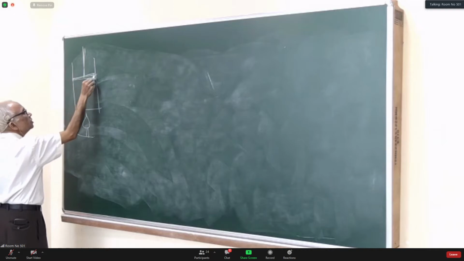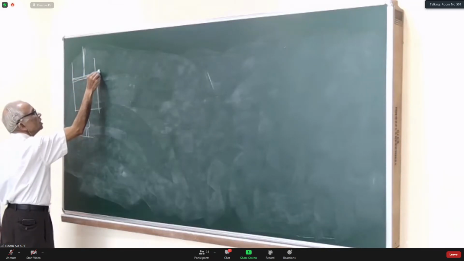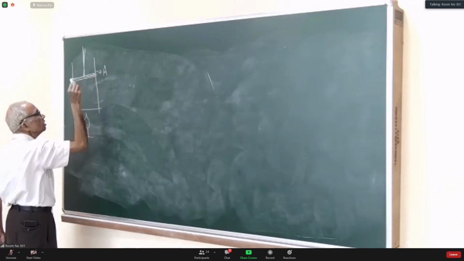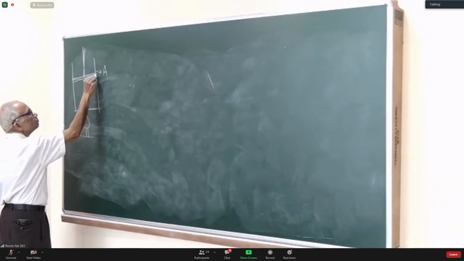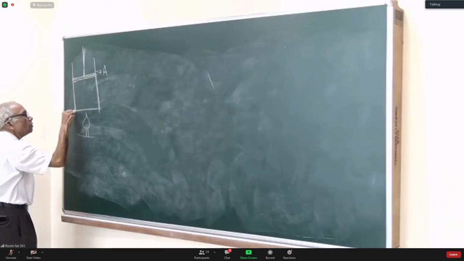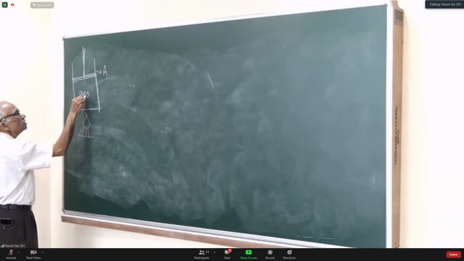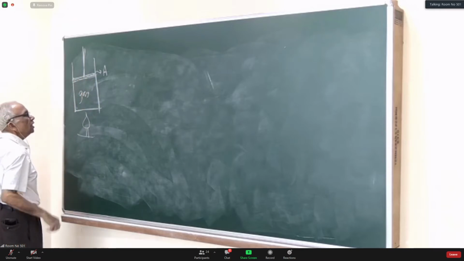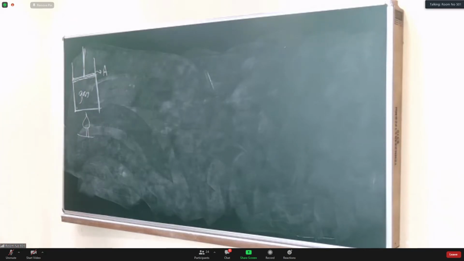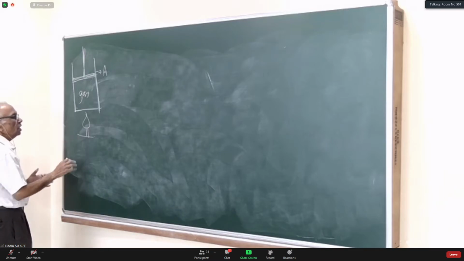There is this piston, the cross section is A, and the gas is over here.